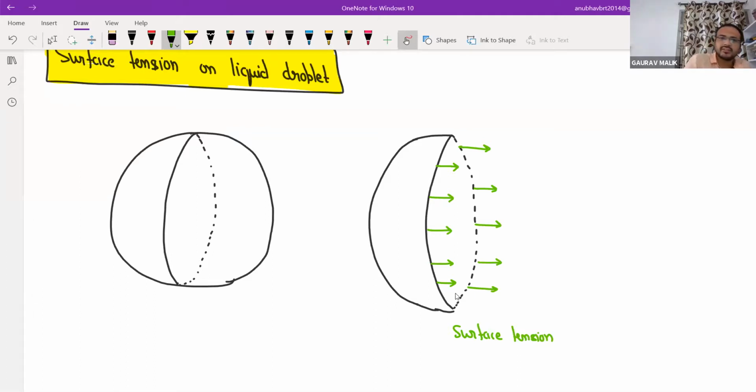And the direction of pressure will be like that. This is the direction of pressure. You learned all these things in your 11th class also, but we are confused till today. So this represents the surface tension and this is the pressure.